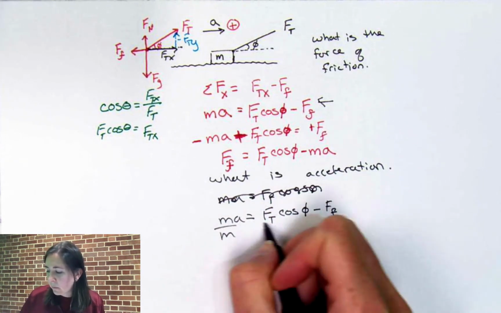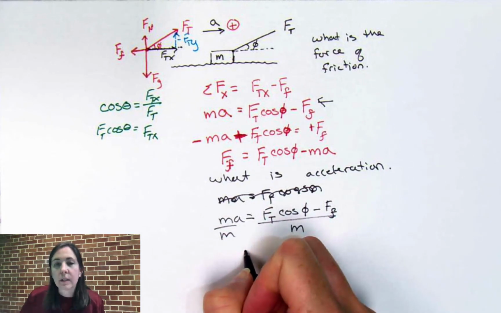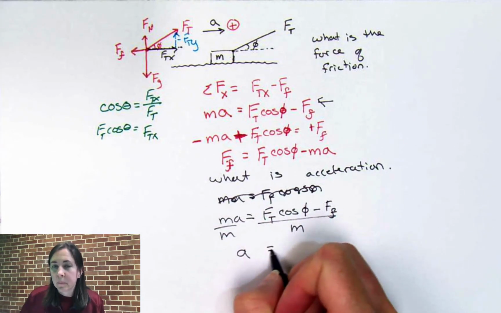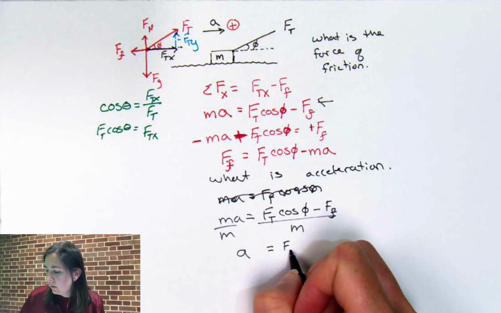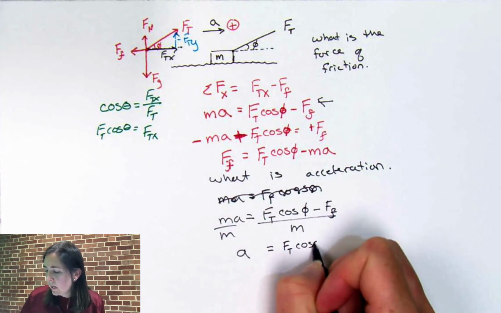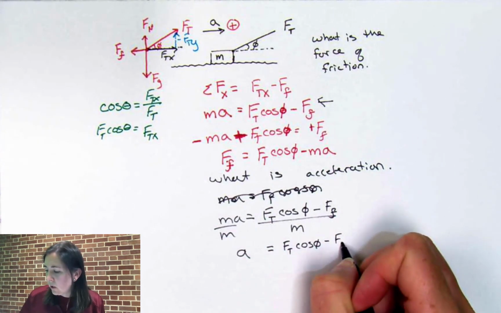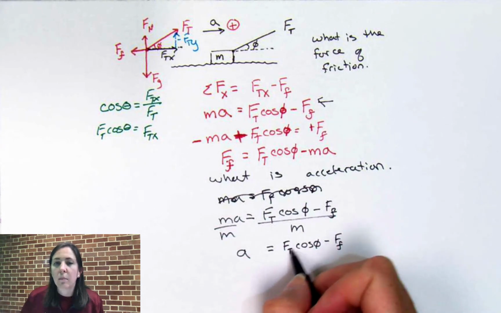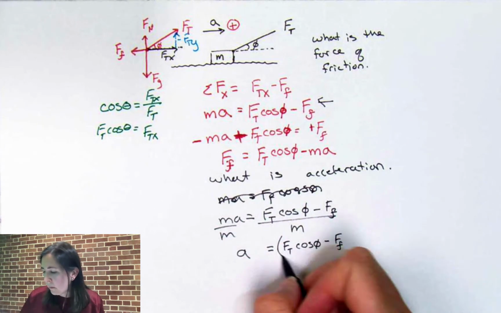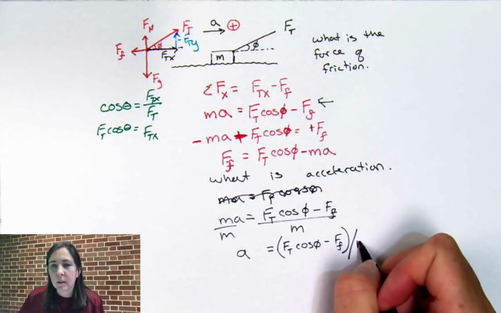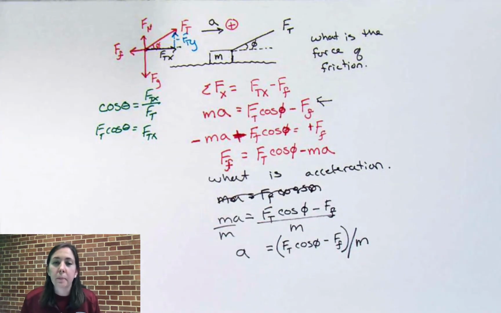Divide everything by m, and so the acceleration will be the force of tension times the cosine of phi minus the force of friction, all over the mass. That can be written like this, or maybe you want to write it like this, depending on what you think.